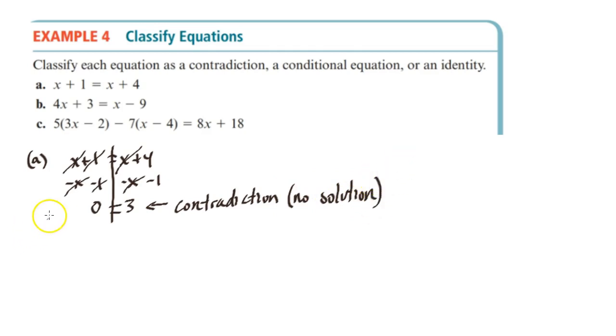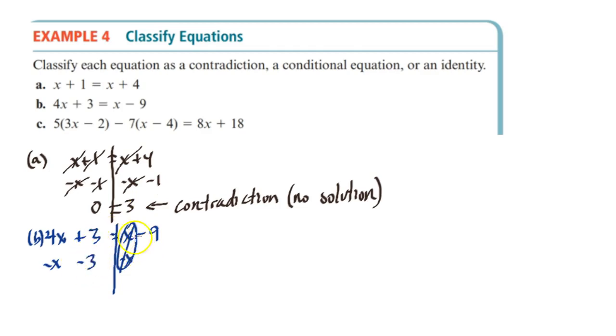Okay, so on to B. We have 4x plus 3 equals x minus 9. And again, a vertical line might help. All right, and so we want to get the variable term on the left side of the equation. So we have to eliminate this right here. And then we want to get the constant on the right side.